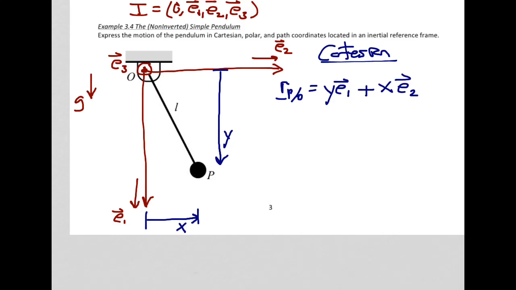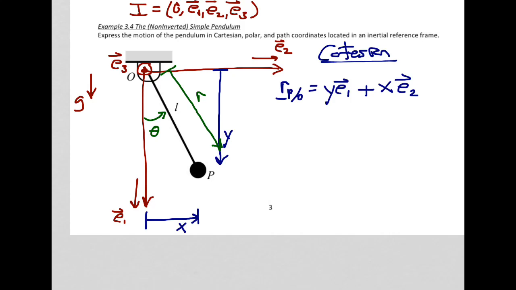Okay, moving on to polar coordinates. We need two coordinates. We need an r and a theta. We'll define our coordinate r as being the scalar distance from the origin to the particle, and we'll define theta as being the angle of that position vector with respect to E1.